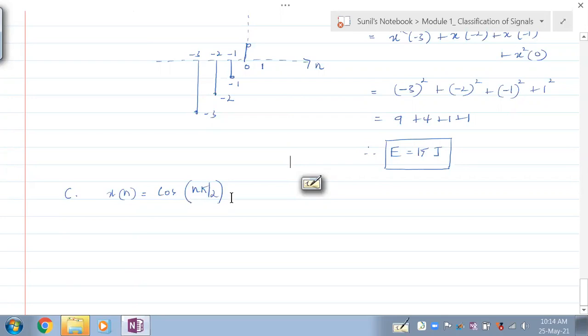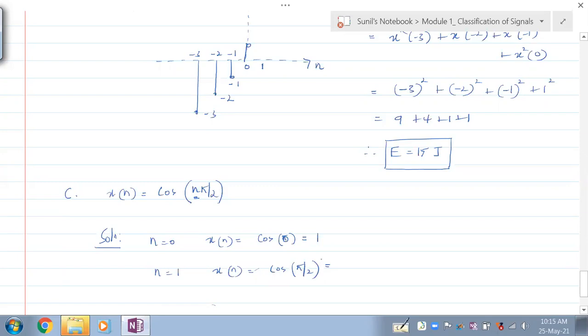Let's see that. Now at n equal to 0, what is x of n? Since we have to sketch this, we are looking at n equal to 0. x of n is cos 0, and cos 0 is 1. At n equal to 1, x of n is cos pi by 2, because n becomes 1 here.